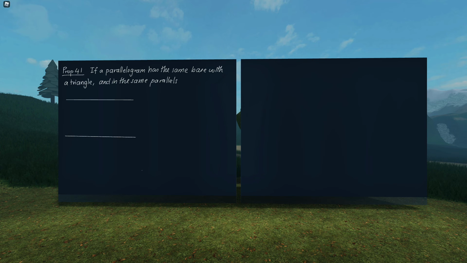Let's first draw the parallelogram. That'll be ABCD. And then we have a triangle with the same base. So let's make that EBC. Then the parallelogram has double the area of the triangle.